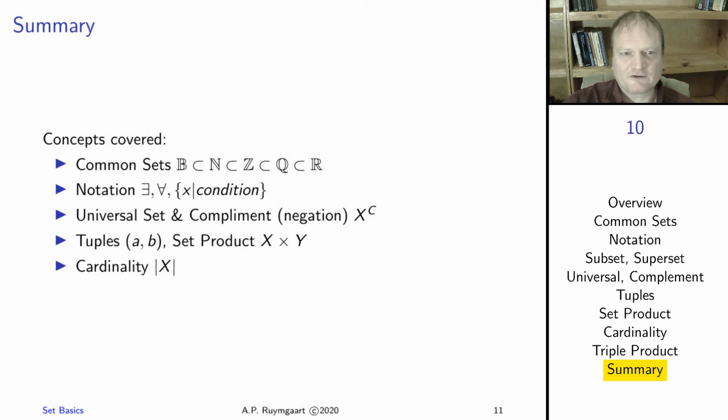We discussed universal set and complement, essentially set negation, denoted by the exponent c, and we discussed tuples and the set Cartesian product, as well as cardinality of sets and the cardinality of the Cartesian product.